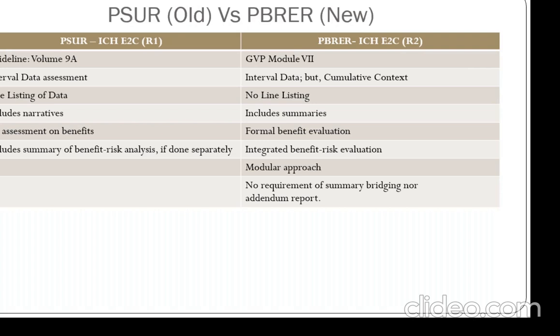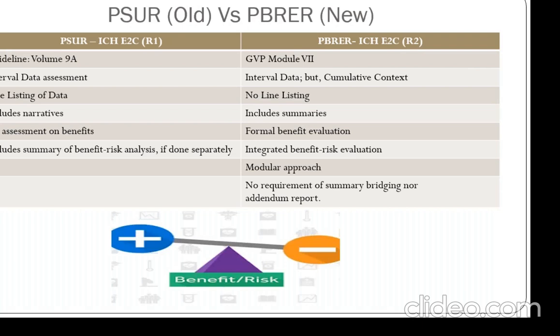So these are more of gap fillers, as I used to call it. Summary bridging and the addendum report, to be honest, in the real world, do not have a very great value when compared to the core reports like PSUR and PBRER. So summary, benefit should always outweigh risks.